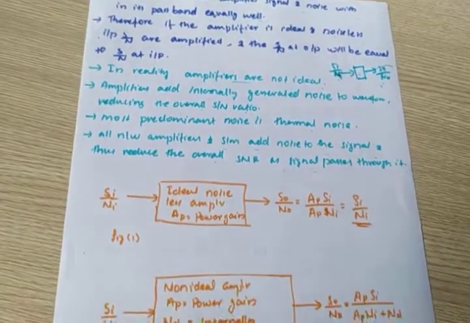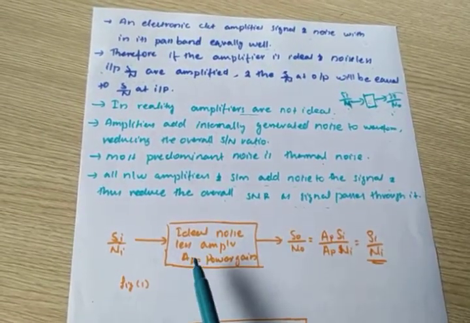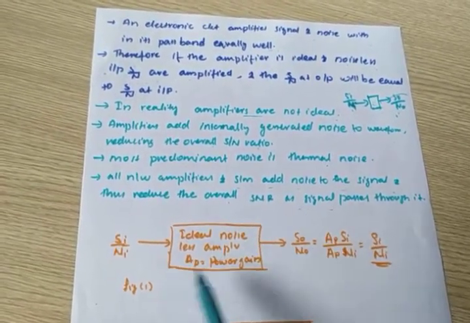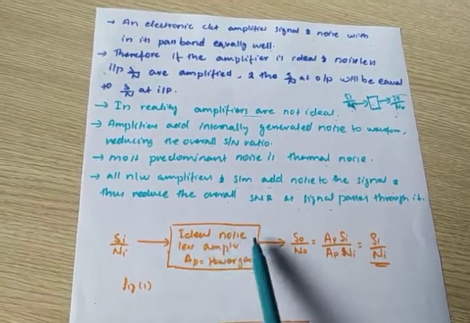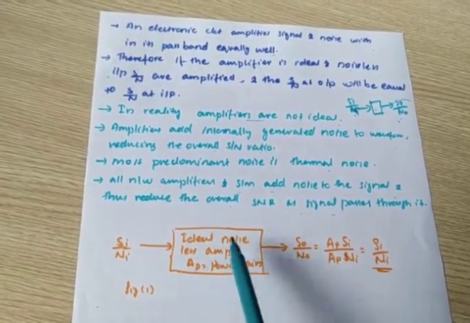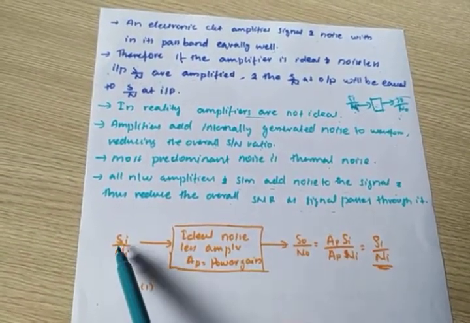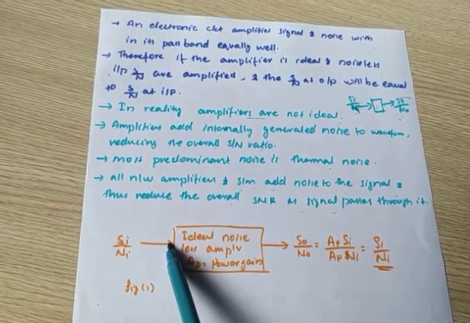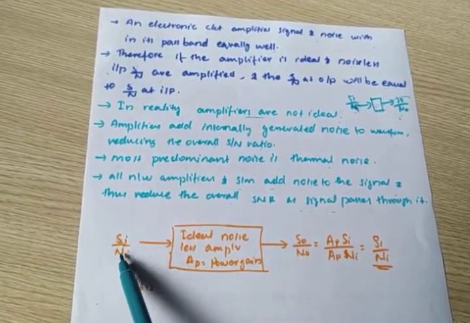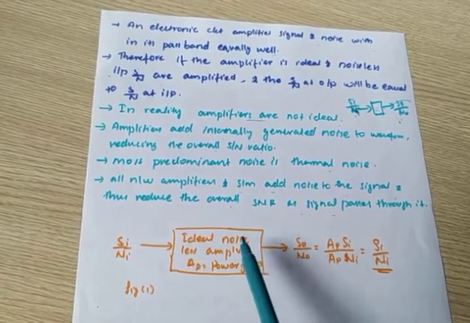Consider this system, which I have drawn in a box. This is actually an ideal noiseless amplifier. There is no noise introduced by this amplifier. The signal and noise come into the system, that is, signal plus noise, and they are amplified by the system.